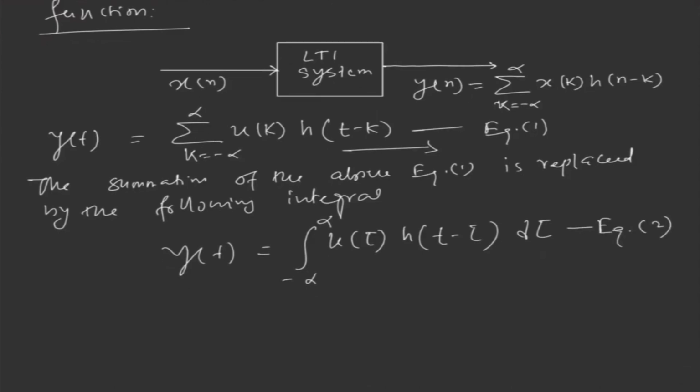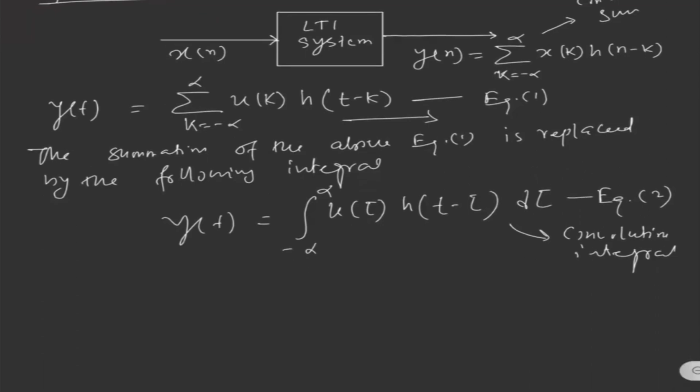This first part is called the convolution sum, and this is what we call the convolution integral, because one is in summation form and the other is in integral form, equation 2. Now we shall use this concept to convert to the Laplace domain. Now it is in the time domain. If you want to find the transfer function from this approach, it is quite difficult.